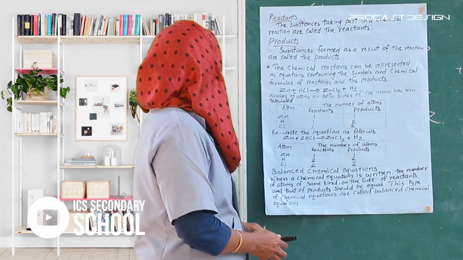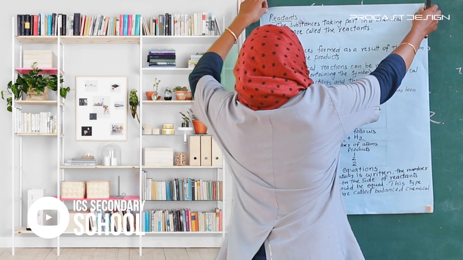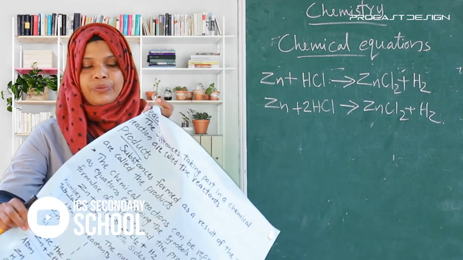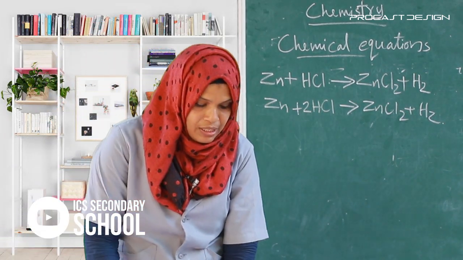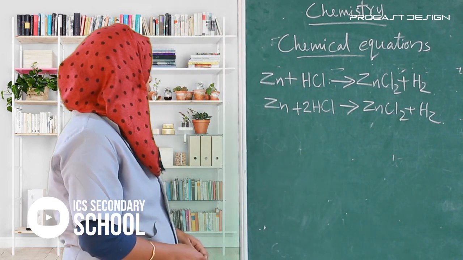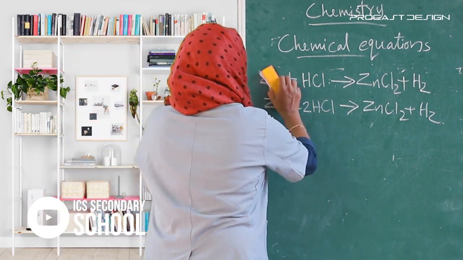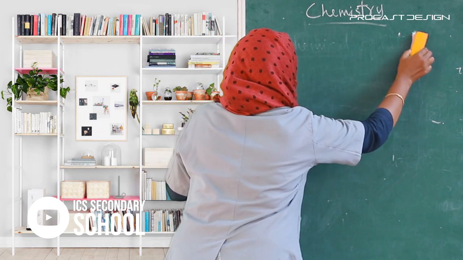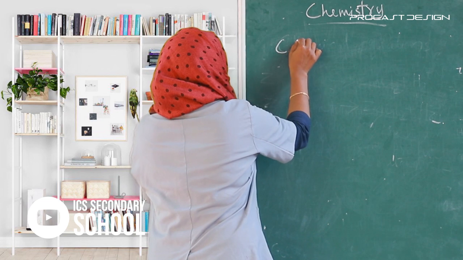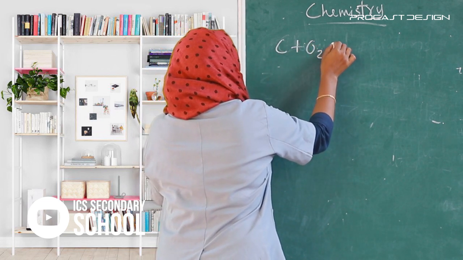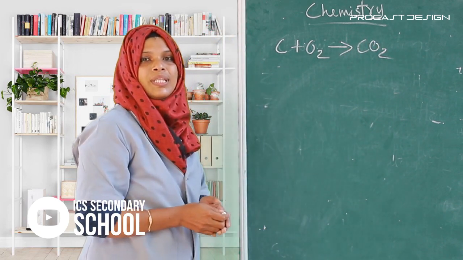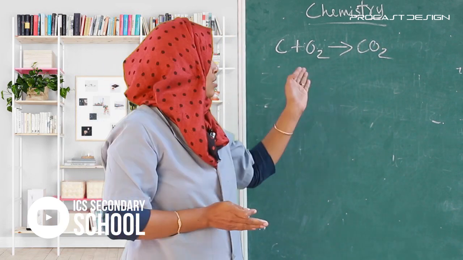Okay. Then next, here is a question for you. First one, C plus O2 gives CO2. Find out the reactants and product in this equation.